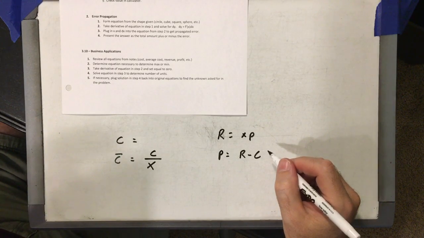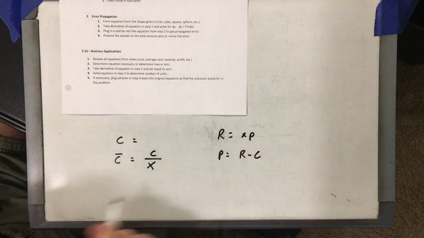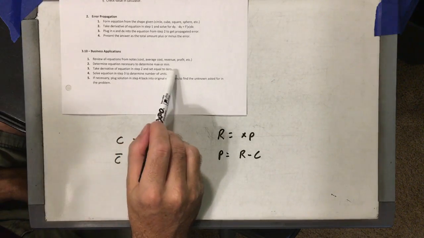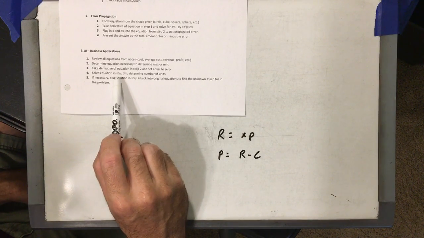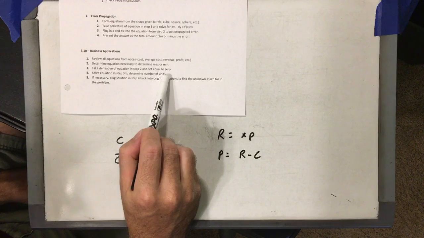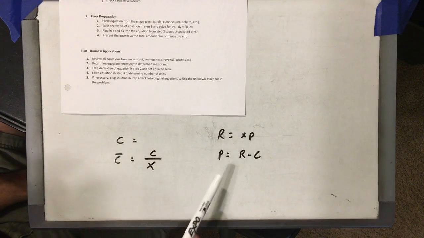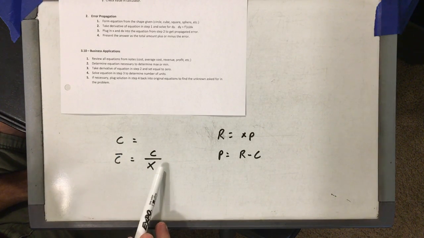All right, and so after that point, after you get your original equation, you take the derivative, set it equal to 0 like we keep doing, solve the equation in step 3 to determine the number of units, and let's say it doesn't ask you for units. It doesn't ask for X. Maybe it asks for price.